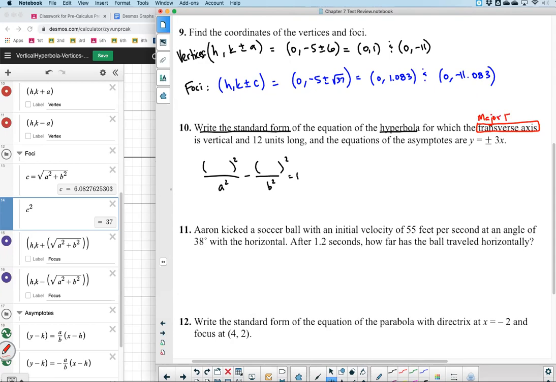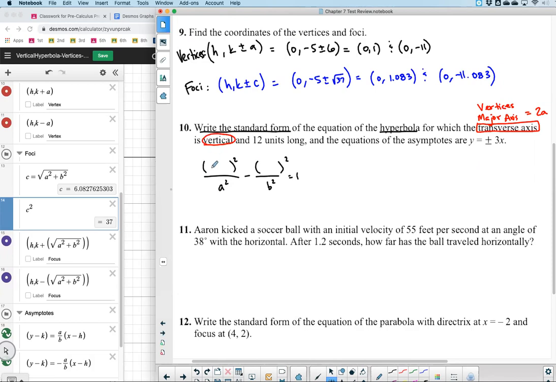So major, if it was an ellipse. Any of these three words all have the same formula. What are all those three equal to? 2a, 2b, or 2c? 2a. So it says 2a is vertical. That means that a is dealing with y.